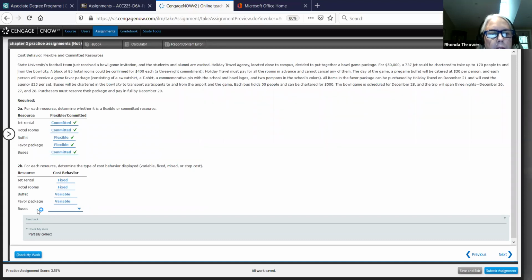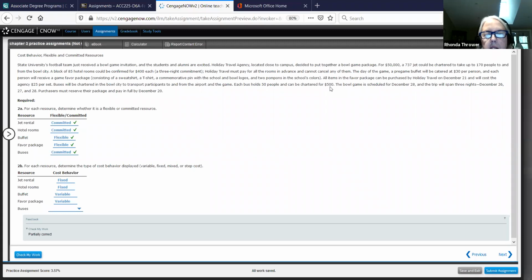Now, your buses is a little bit different, and so we need to talk about it. When we looked at the buses, it says we could charter the buses, they hold 50 people at $500 a piece. So what that means is this $500 is fixed if we take one bus.